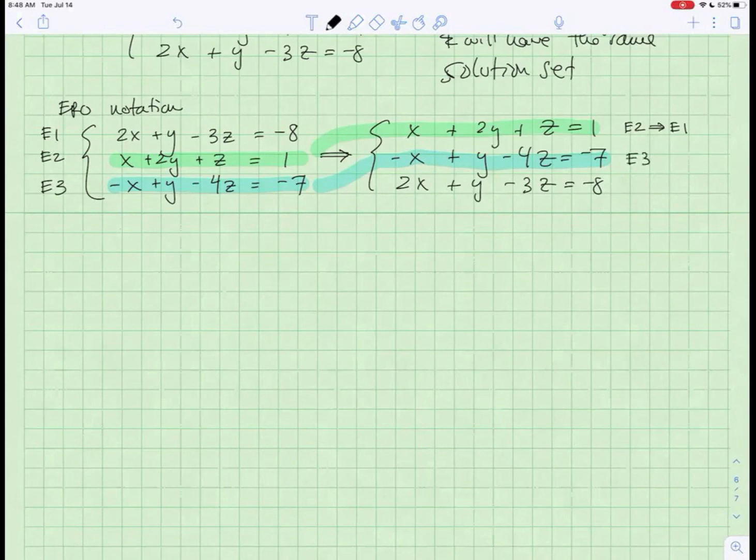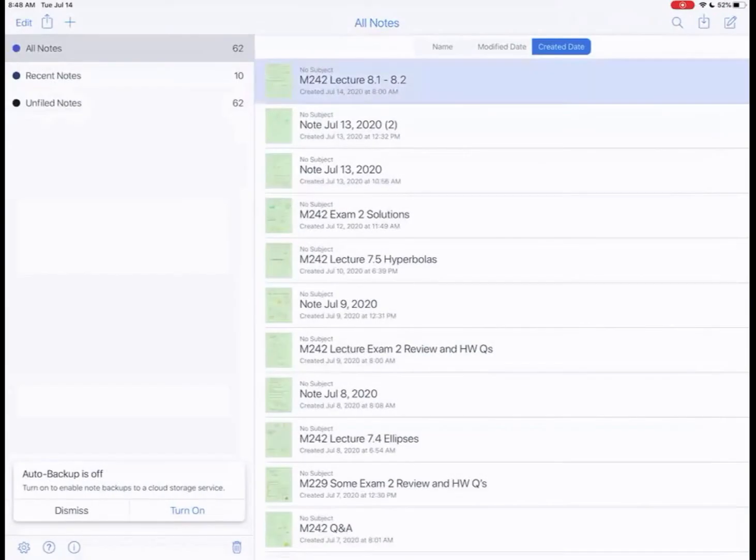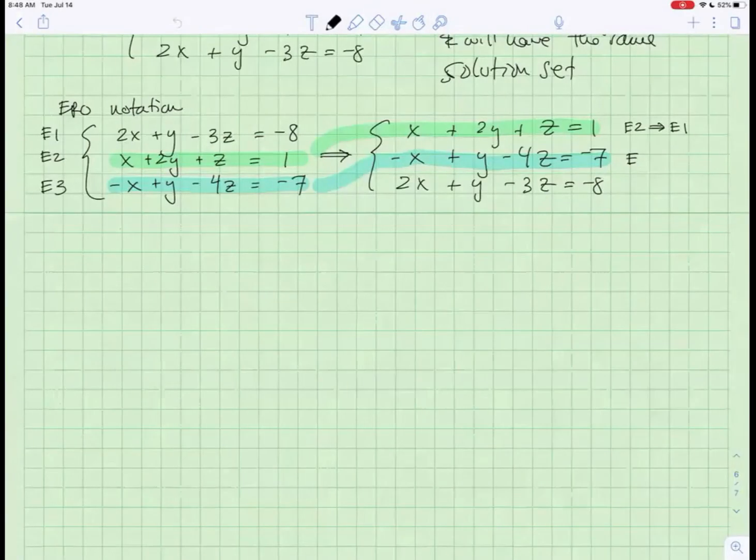I've taken equation 3 and made it into my new equation 2.